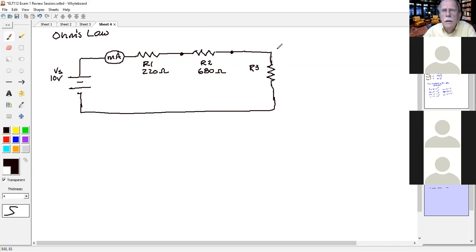Let's say we had a voltmeter over here. Let's say we had an ammeter over here. And let's say we had a voltmeter over here.